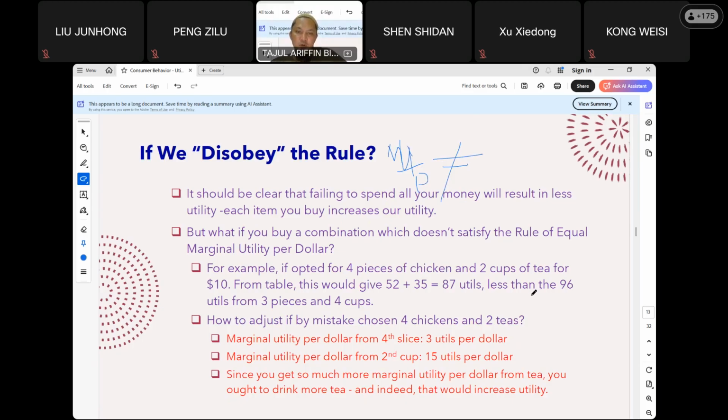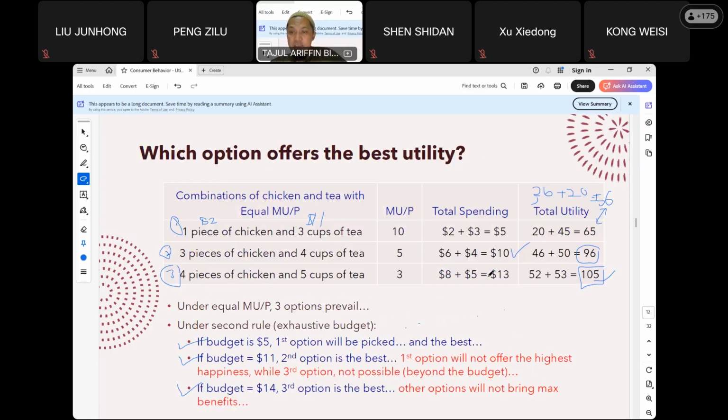So the example given here is, let's say with the $10 or $11 that you have in your pocket, you may opt for 4 pieces of chicken and 2 cups of tea. In total it will give you 87, while the one that we just calculated just now gives 96.